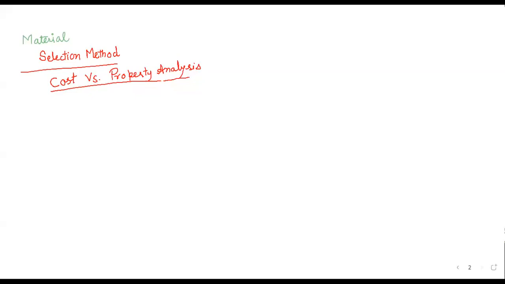But let's say for our application, tensile strength is primarily required. And if tensile strength is the determining factor, then let's say we have various choices of materials, material A and material B.